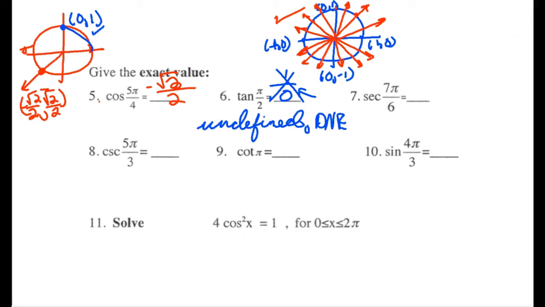The secant of 7 pi sixths will be 1 over cosine. So I need to get the cosine. I'm going to go back over here to my circle. I need to get the cosine of 7 pi over 6. Well, if I'm counting by sixths, again, it's 1 sixth, 2 sixths, 3 sixths, 4 sixths, 5 sixths, 6 sixths. And I would start here at 6 sixths, and you're 1 past it. So in order for me to find the cosine there, I kind of need to reference over here.